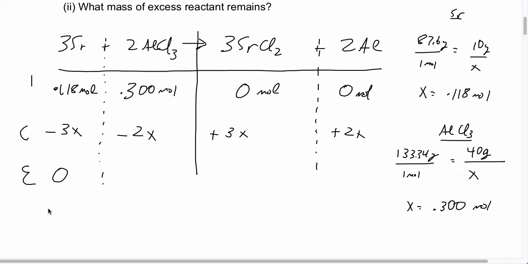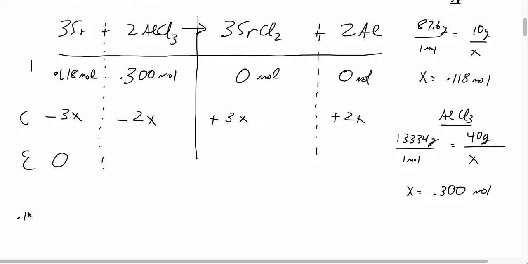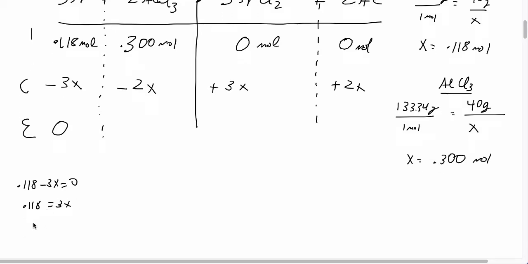And let's go ahead and solve for x down here below. So 0.118 minus 3x equals 0. So 0.118 equals 3x. So x equals 0.118 divided by 3. 0.118 divided by 3 equals 0.039.